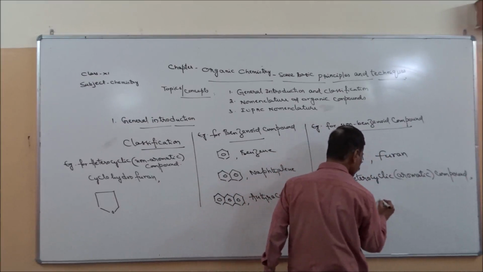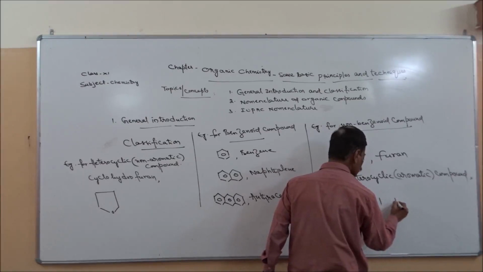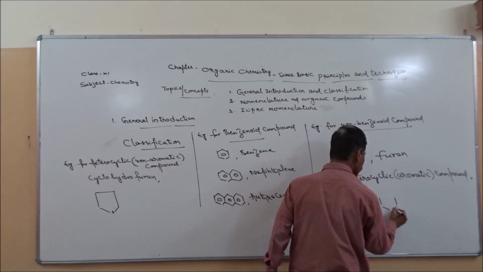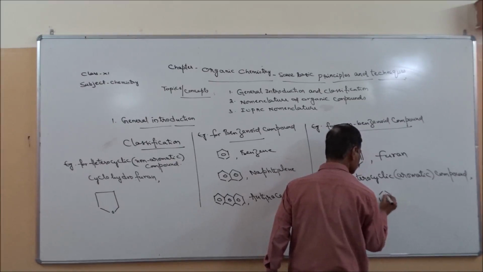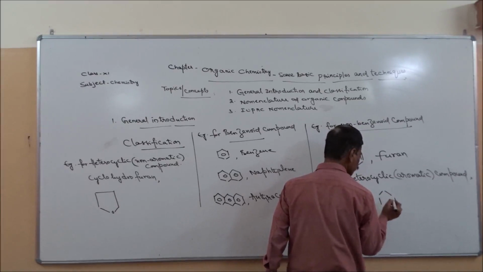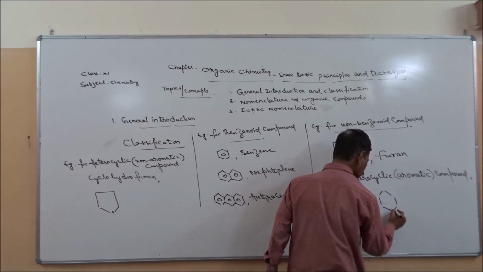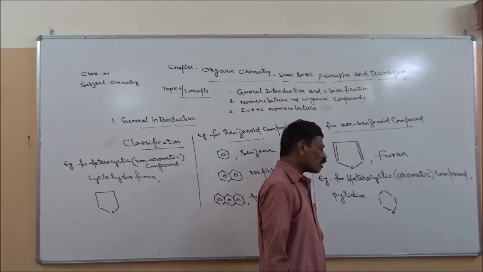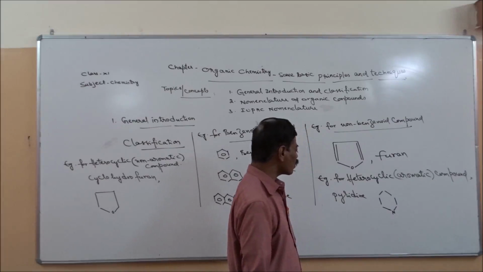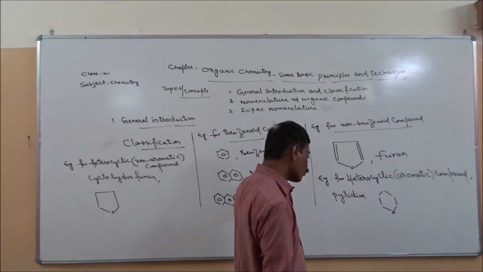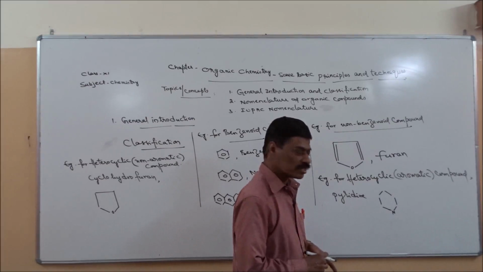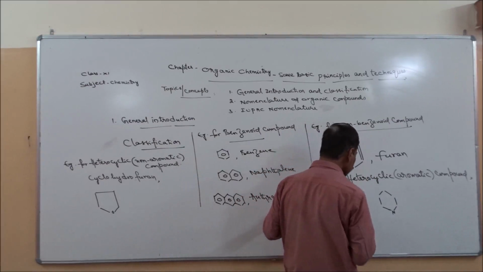And this pyridine has a benzene-like structure, right? And at a particular corner where two bonds are joined, there we have nitrogen, right?